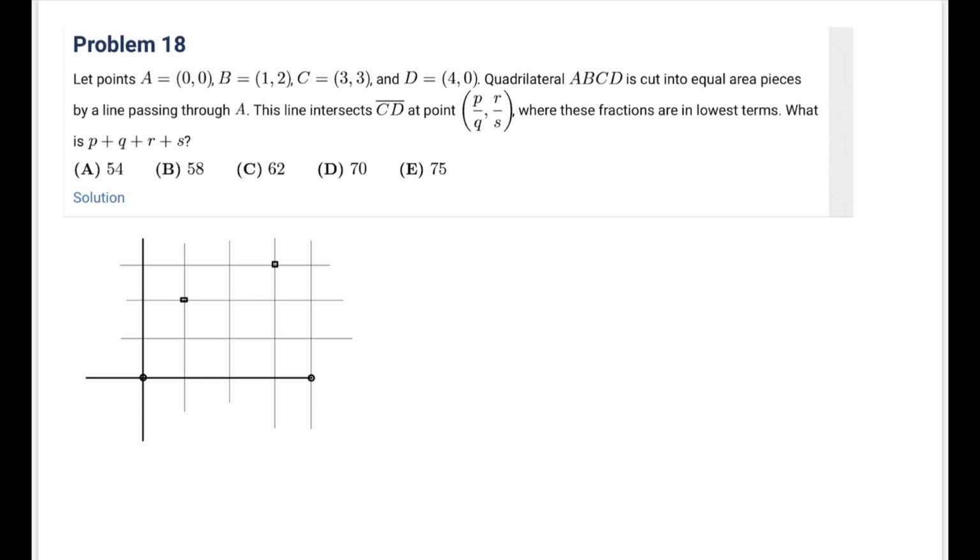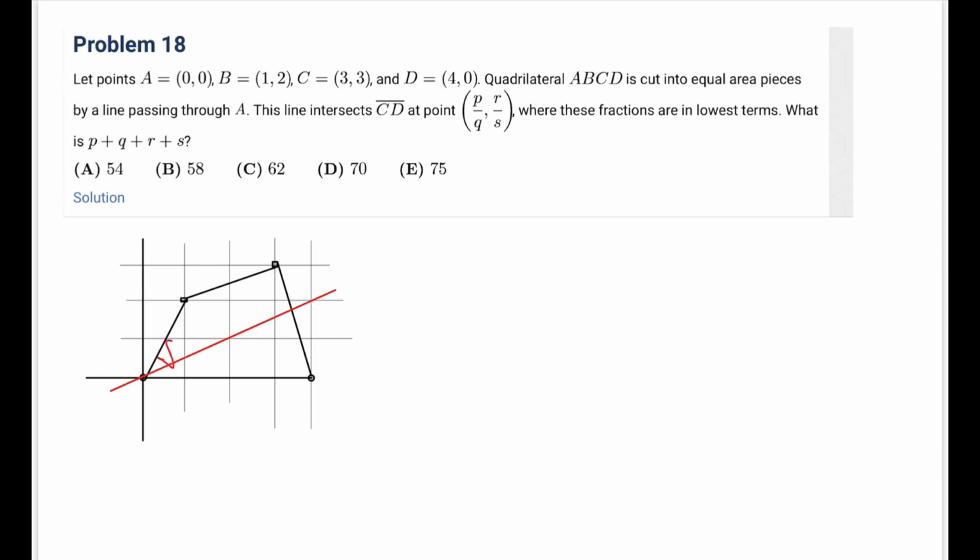So the lines would be like that, and like this, right? And so ABCD is cut into equal area pieces by a line passing through A. That line will be like this, right?